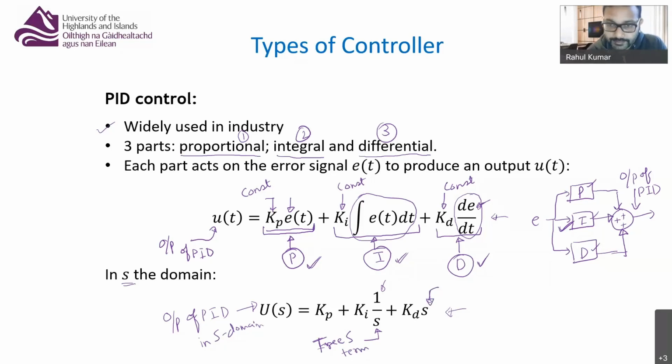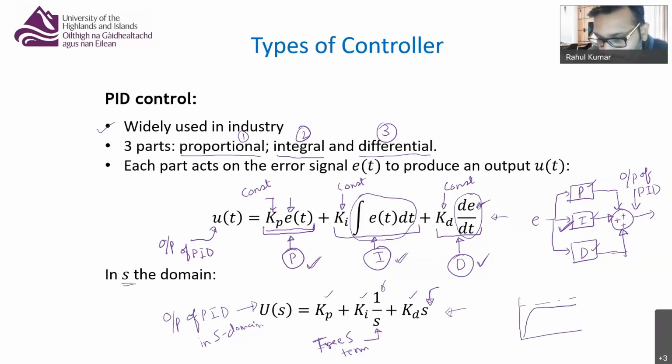So basically, in a PID controller, we adjust the values of Kp, Ki, and Kd and try to bring the output closer to the desired value.